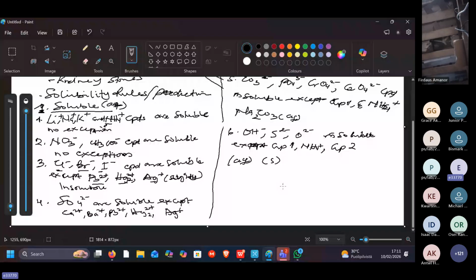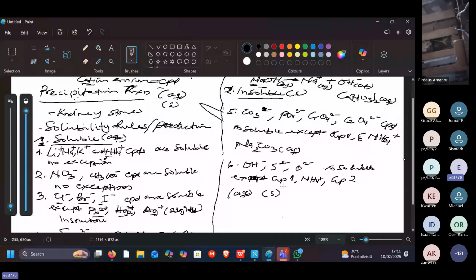Now, if I have anions like carbonate, phosphate, chromate, oxalate, the compounds they form are going to be solids, that is, insoluble. The exception is for group 1 metals and ammonium, no exception, so when they meet with group 1 or ammonium, they become soluble.